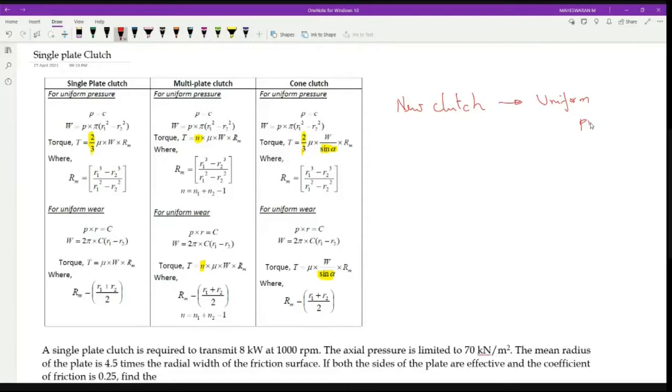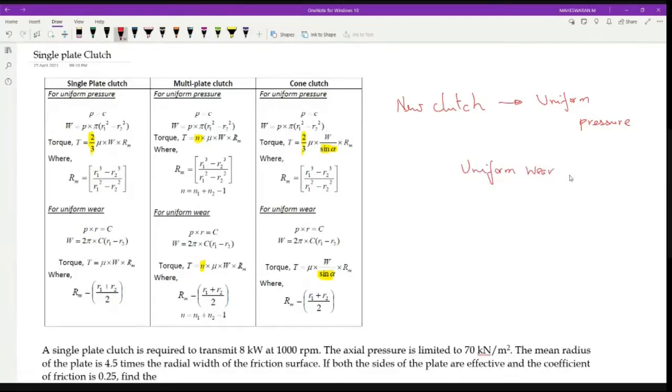Whenever you have a new clutch, the pressure applied on the clutch will be uniform. After a period of time, this clutch will have some wear, because of that there will be a constant wear on the clutch. So after some time it goes to uniform wear condition.